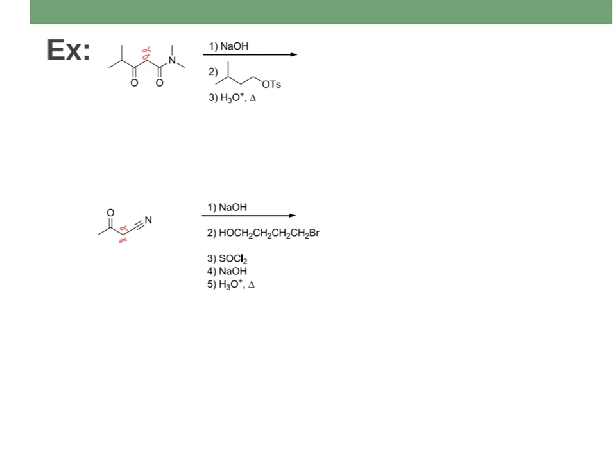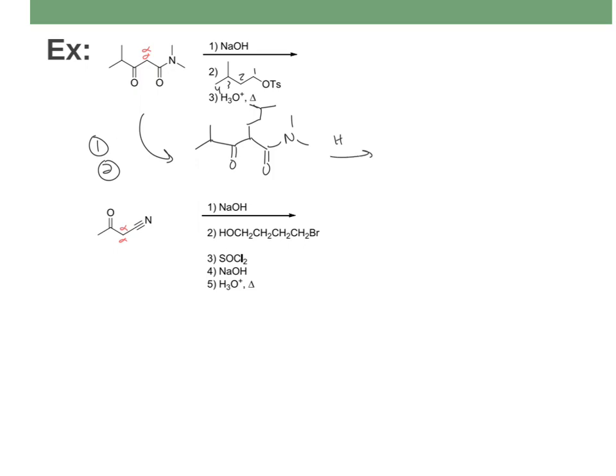And then I'm adding this whole tosyl piece. So after steps 1 and 2 here, I'm still going to have my dimethyl amide here. Then I have a carbon 1, 2, 3, 4, 1, 2, 3, 4, and then that has a split there.